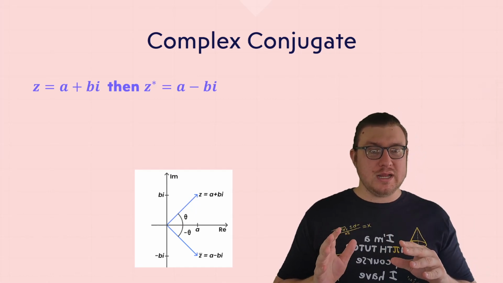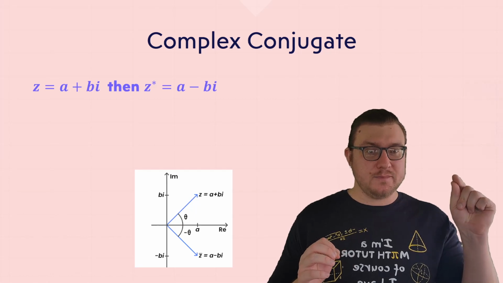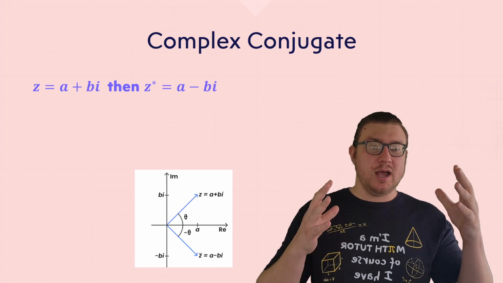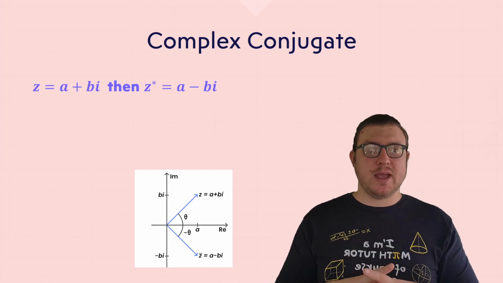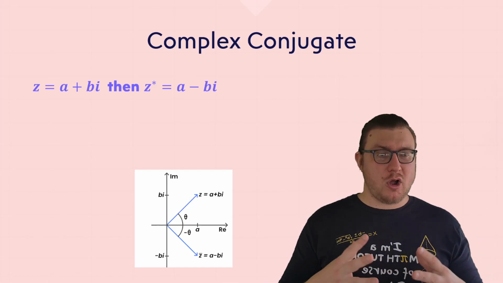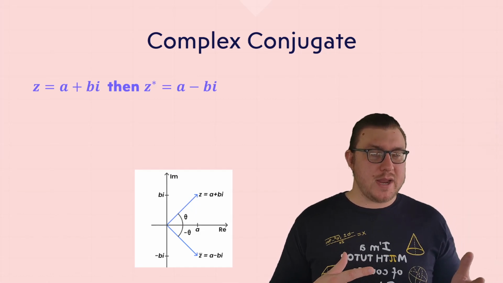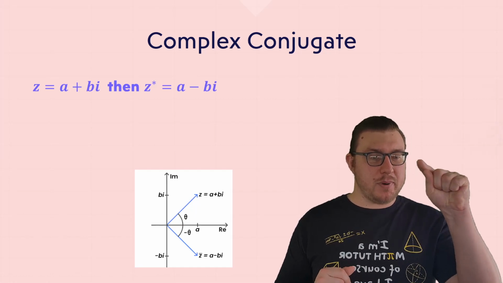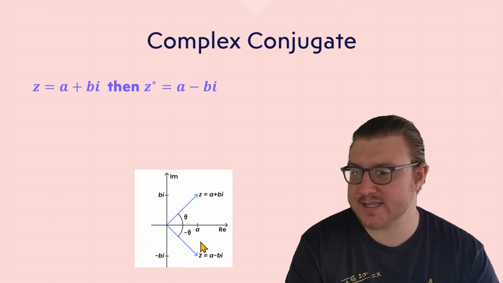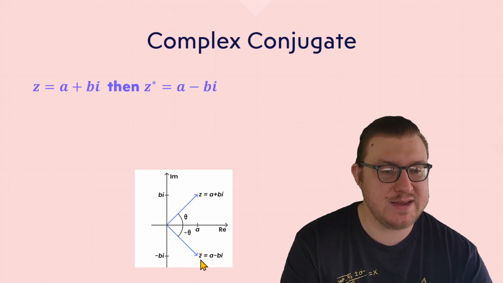Some people actually write z star or z asterisk for the complex conjugate. Now, in your exam, it will always be a z with a bar on top. And you can actually see this here in the picture where we have z bar.